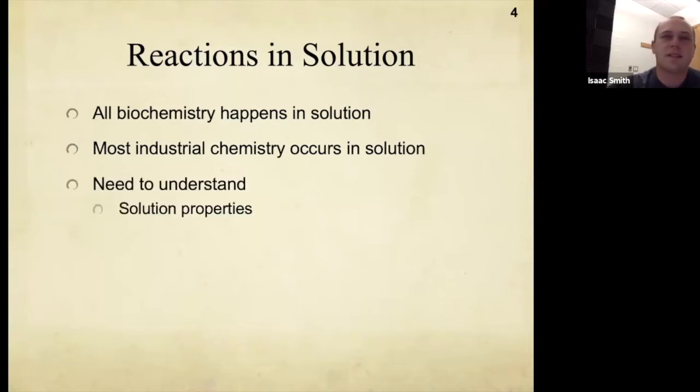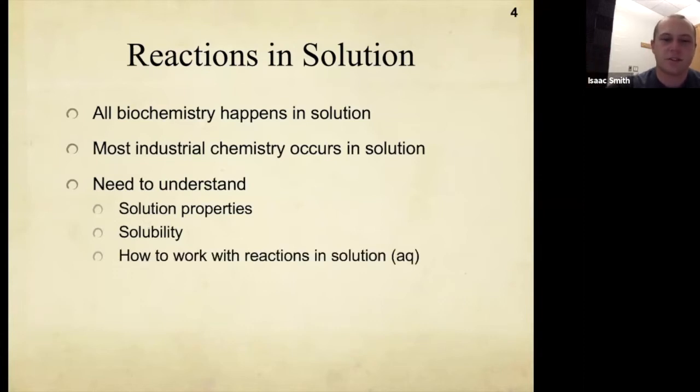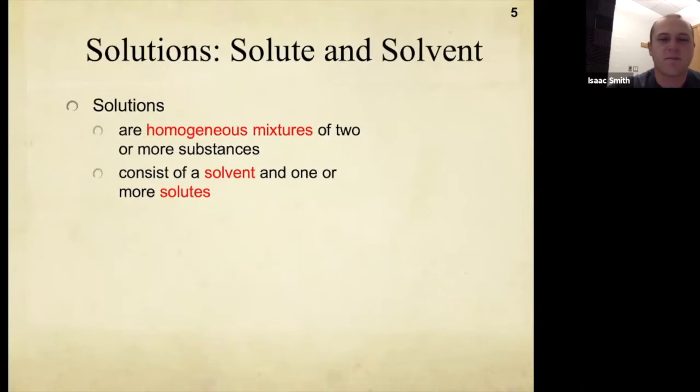So pretty much all reactions that are useful are going to happen in solutions, so we really need to understand solutions. What we're going to be learning about is solution properties and the solubility of different compounds in a solution, and then how we can work with those reactions using stoichiometry.